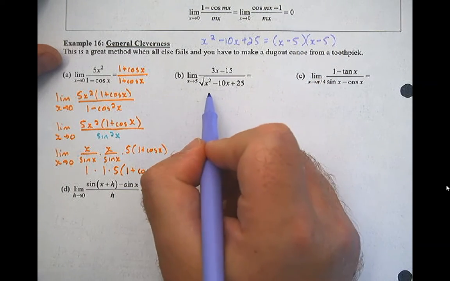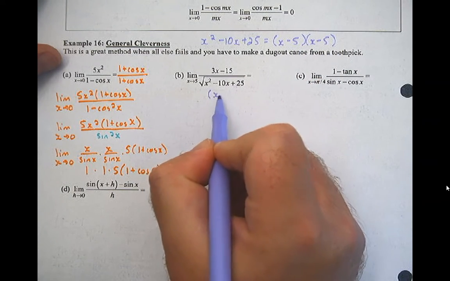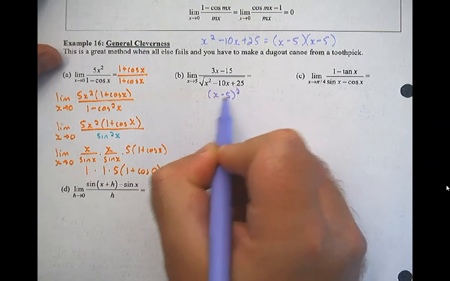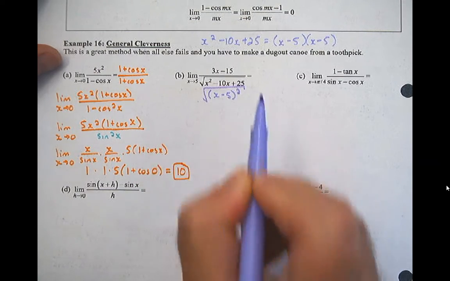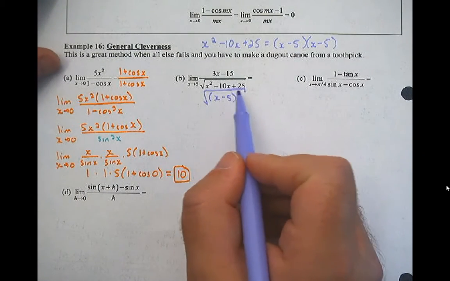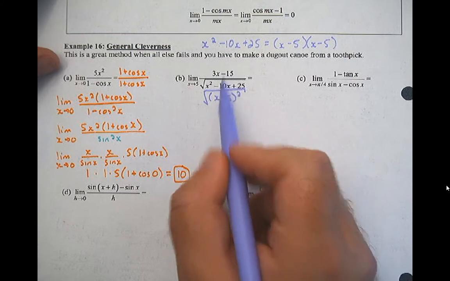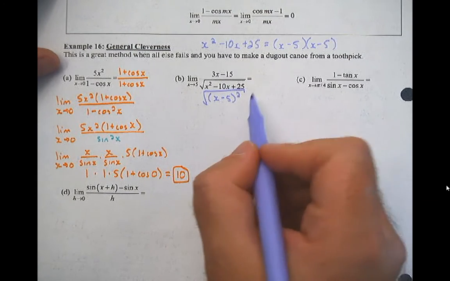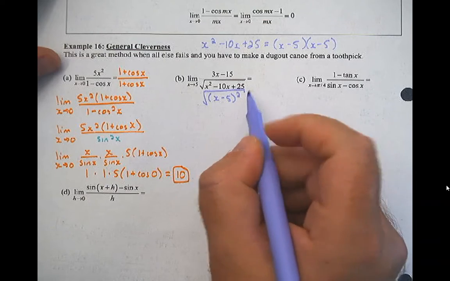Well, it turns out then, this is x minus 5 squared underneath a square root. Now, you might be tempted to say, well, I can square root, they would cancel out, and then I can start to reduce here, but it gets a little bit trickier than that.